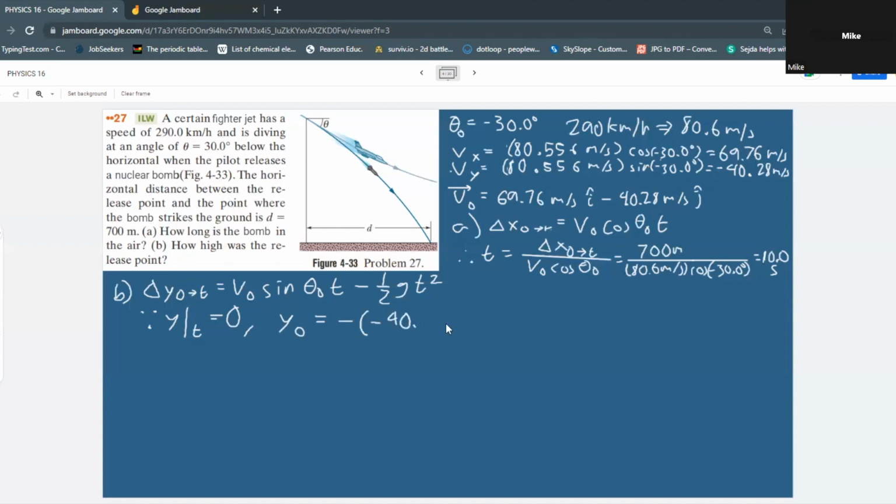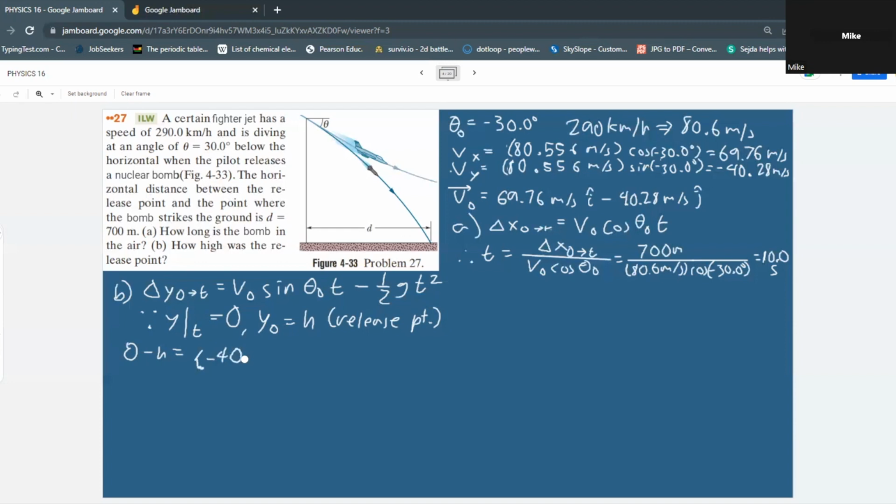Tama yung magiging y sub 0 is equal to h. And then y minus y sub 0 is, so yung makukuha mo niyan, 0 minus h equals, and then plug in mo yung ano.